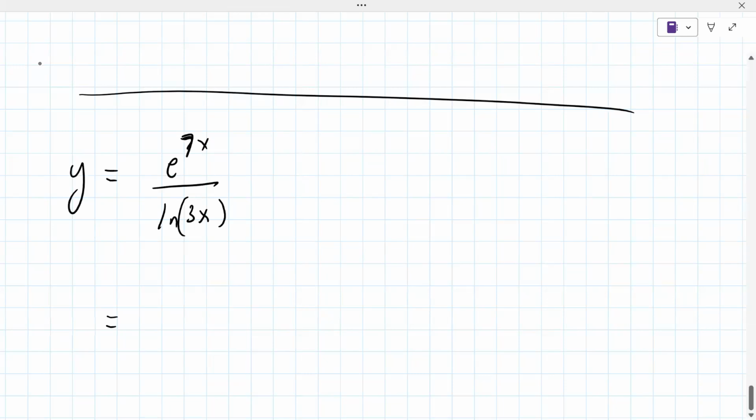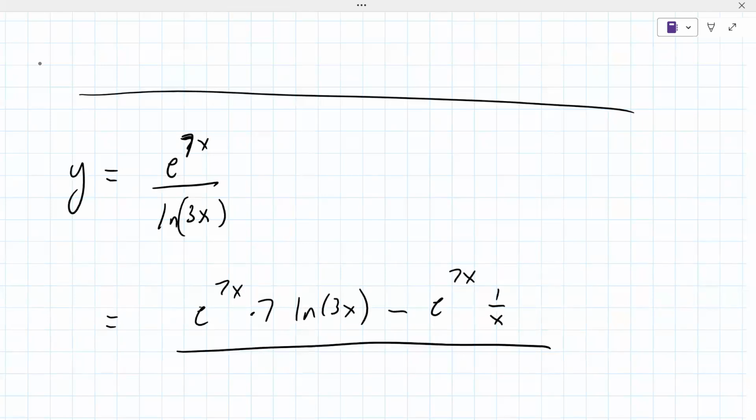Okay, I got e to the power of 7x times 7 times ln of 3x minus e to the 7x times 1 over x, all divided by ln 3x squared.